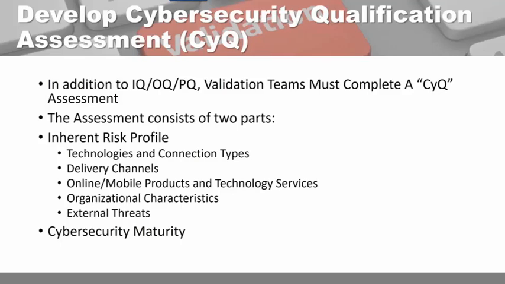There is a risk profile, and then when we get to cybersecurity testing, there's a whole testing component that gets us to cybersecurity maturity. So we're testing, and we're looking at the risk of cybersecurity and identifying and documenting the risks that are associated with cybersecurity. So IQ, OQ, PQ, and now CyQ must be conducted when we're dealing with Microsoft Dynamics 365 in the cloud or any cloud computer system.